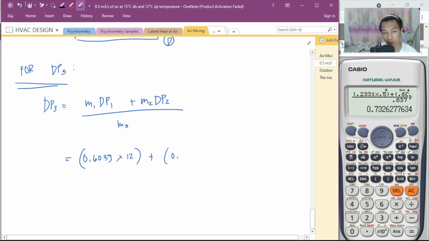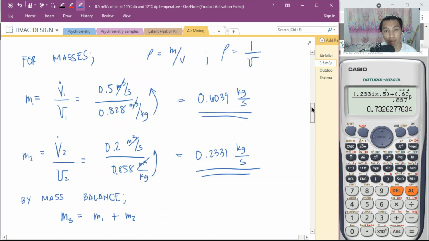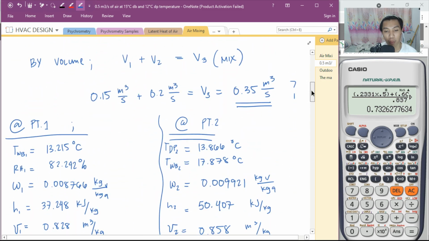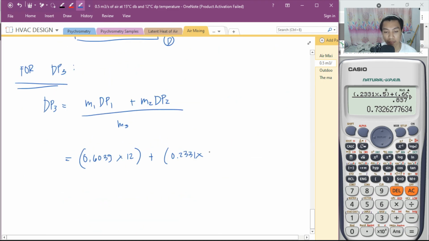Plus 0.2331 multiplied to 13.866, divided by 0.837.